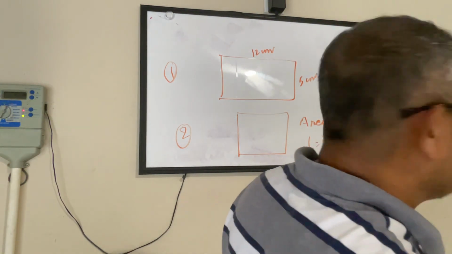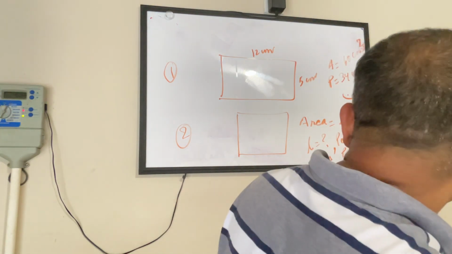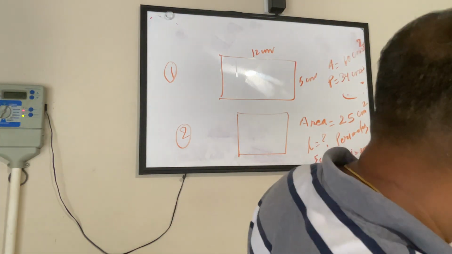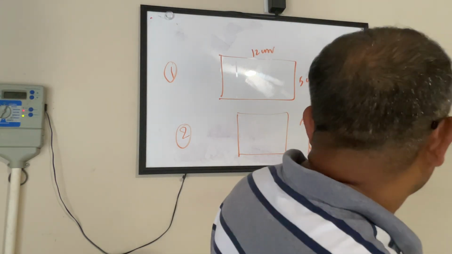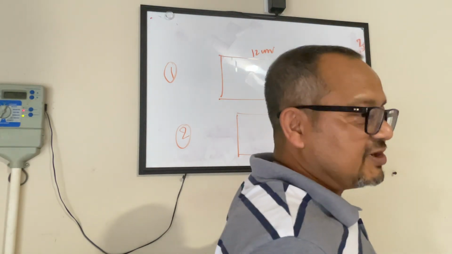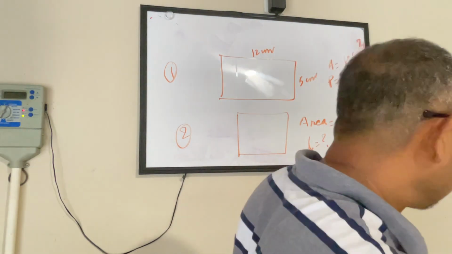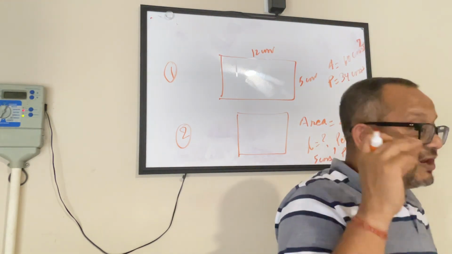Then for the second question, I got 5. 5 what? Centimeters square? No, 5 centimeters. You are talking about length. Length cannot be in centimeters square, it has to be centimeters, okay? These are minute things, but very important.